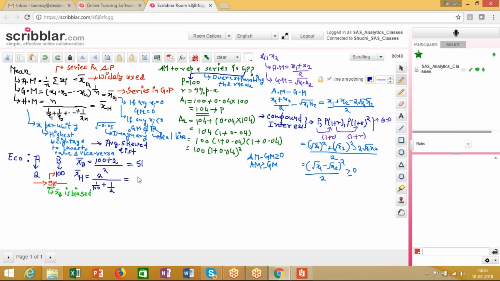So that is 2 divided by 0.01 plus 0.5, so that is 0.51.